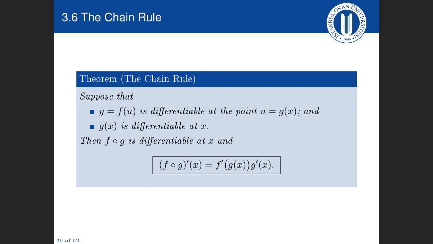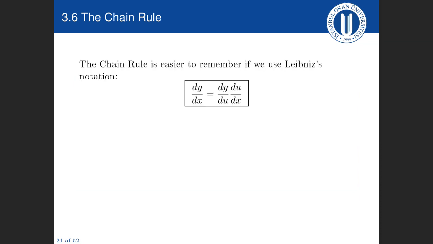But personally, I think it's easier to remember the chain rule if we use Leibniz notation. If we use Leibniz notation, then the chain rule is dy dx is equal to dy du multiplied by du dx.